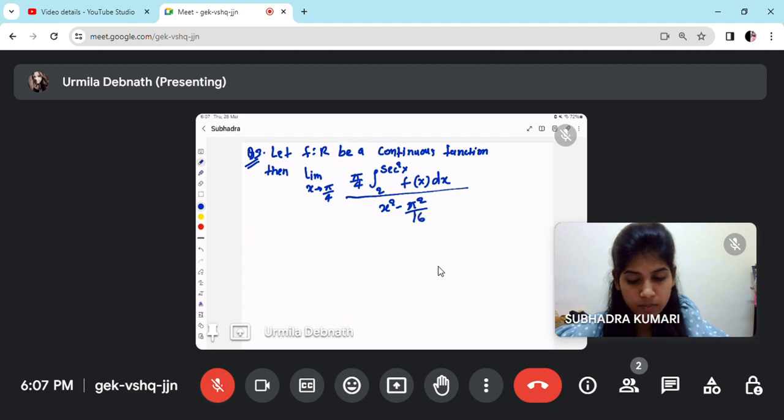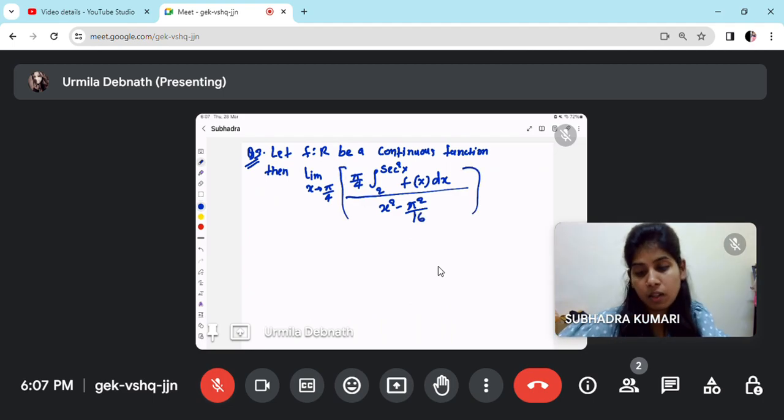So this is the question given. What is the limit? That was the question asked in JEE Mains 2021.